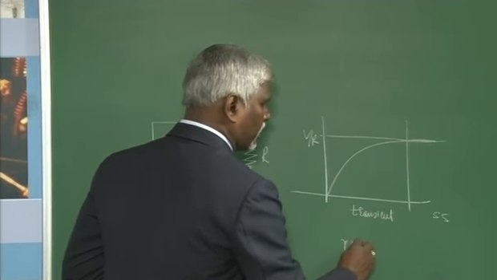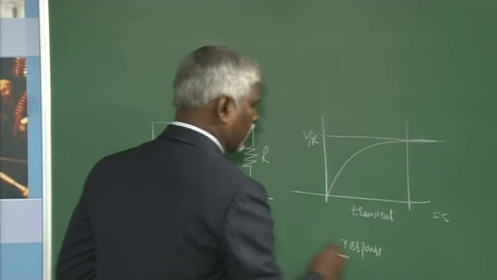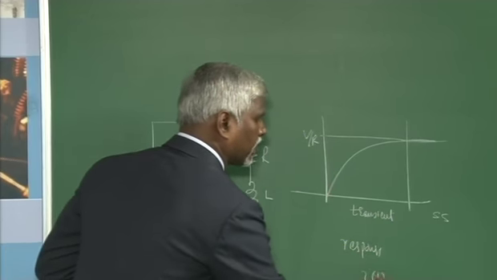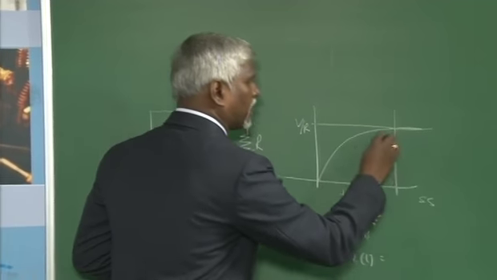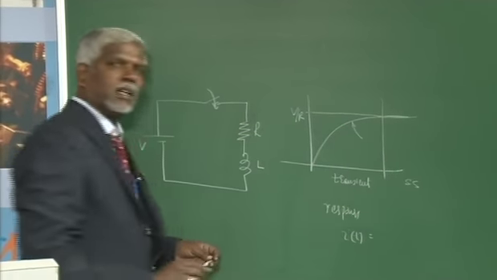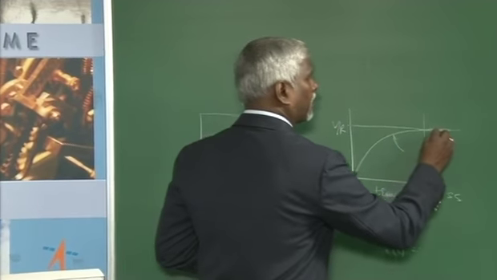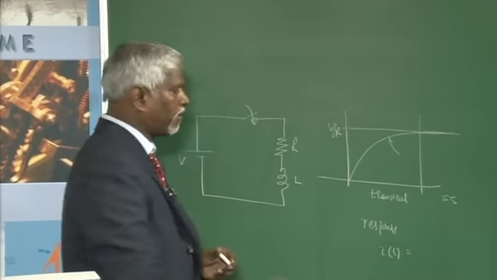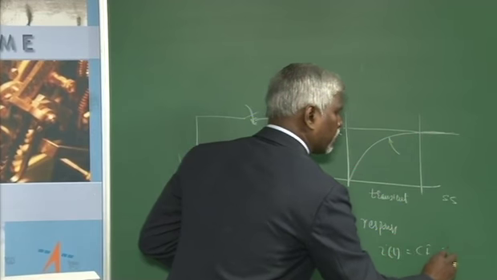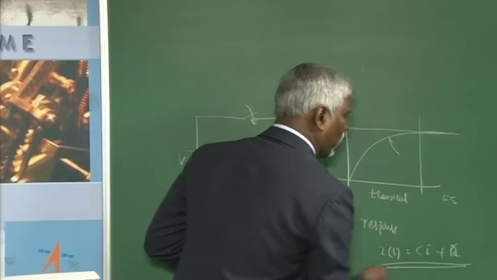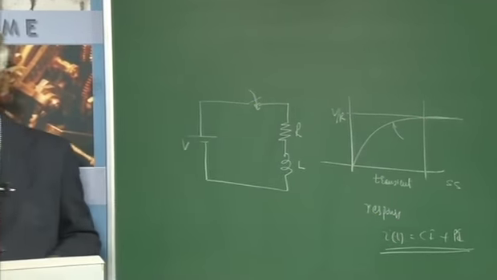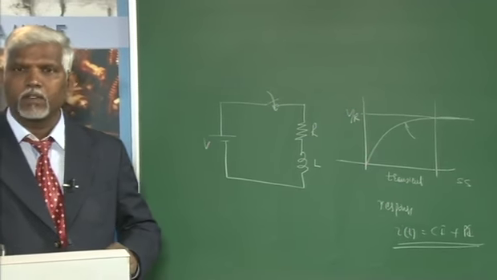Your response, say for example a current with respect to time, has got two parts: a transient part where the current keeps changing with time, and the steady state part where the current remains constant. So, it is a combination of these two, CF plus PI, that will be your total response of current in case of a solution of a differential equation.